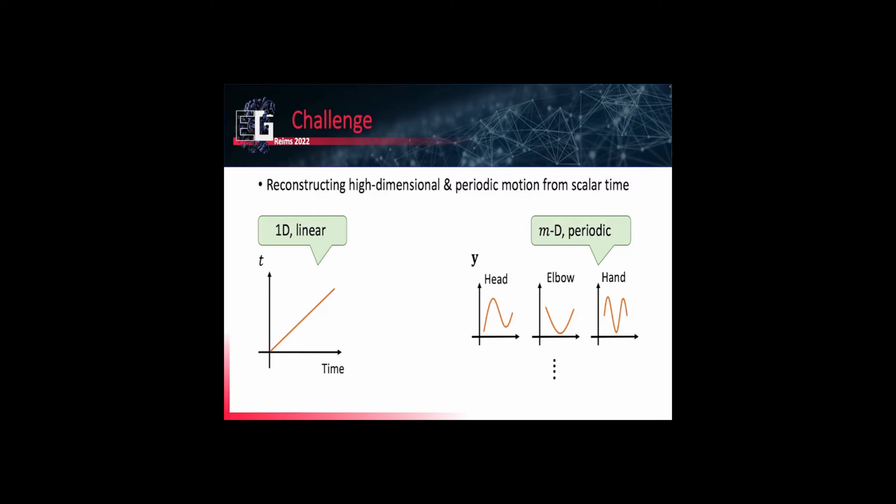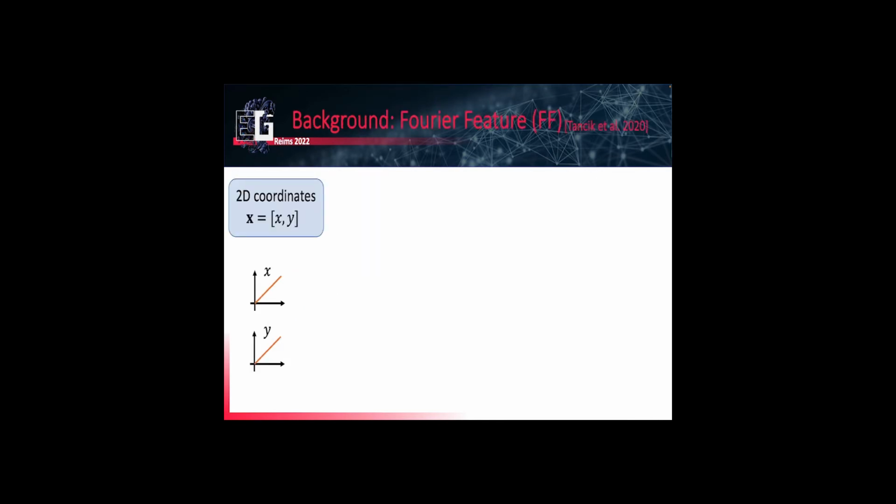Remember the shaking head, elbow, and hand of the dancing character. Predicting such complex and high-dimensional motion data solely from the scalar time input is challenging when using a simple network architecture, such as multi-layer perceptrons. This is a common challenge in neural implicit representations.